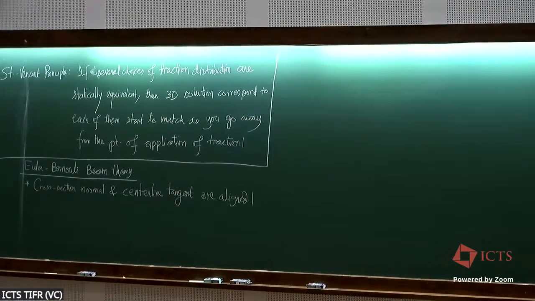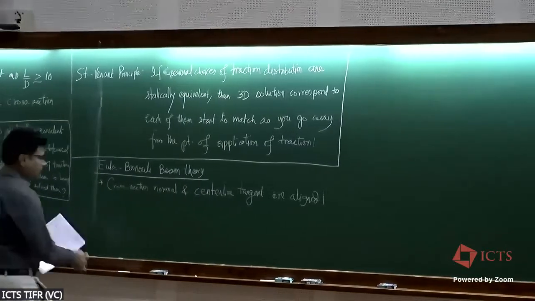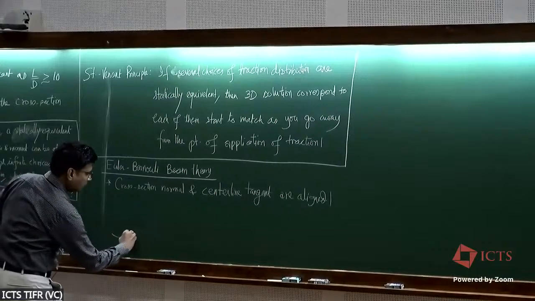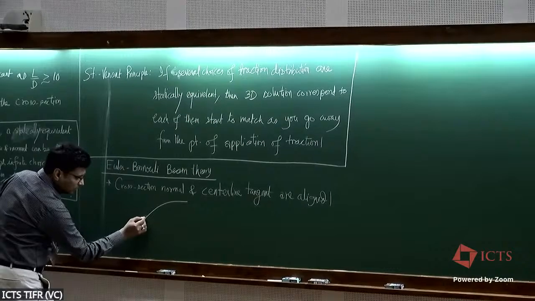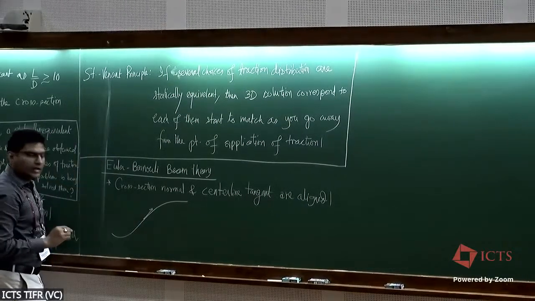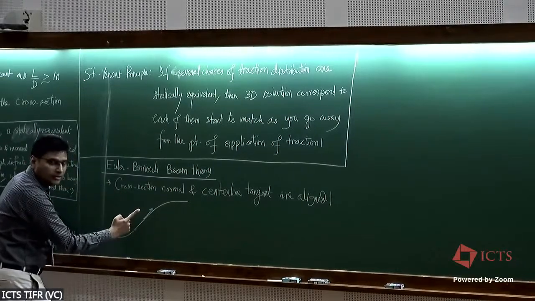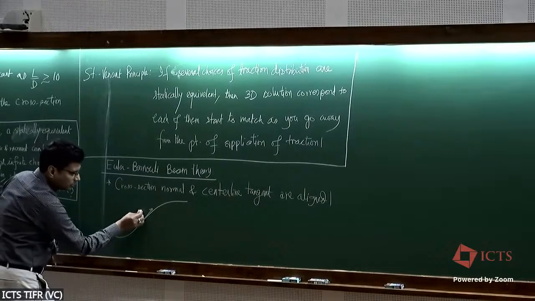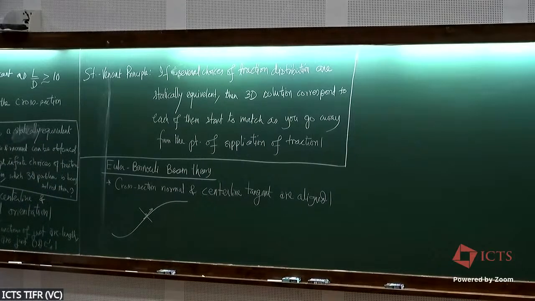At any point you think of the tangent, and the cross-section over there has to have the same normal, so the cross-section will simply be perpendicular to this tangent.